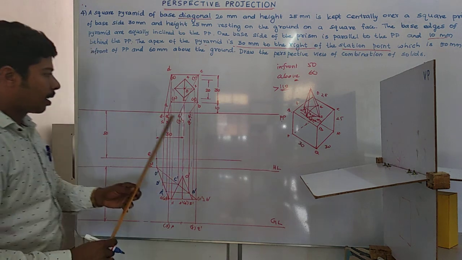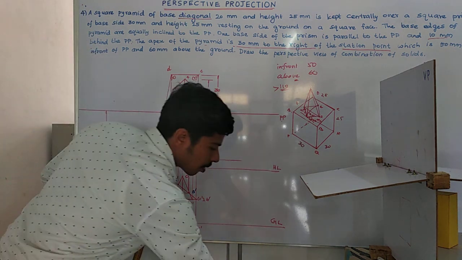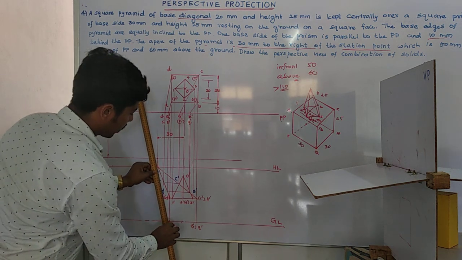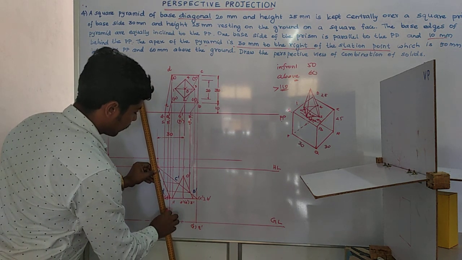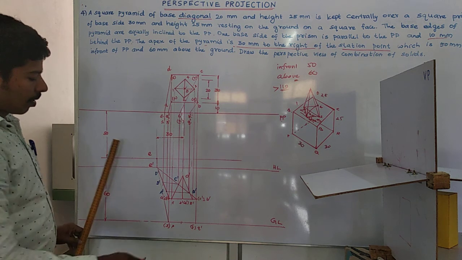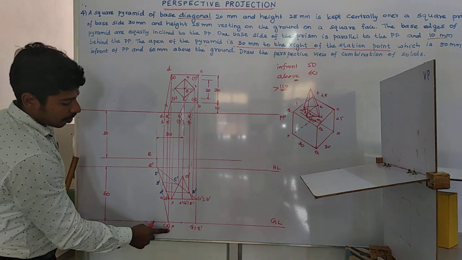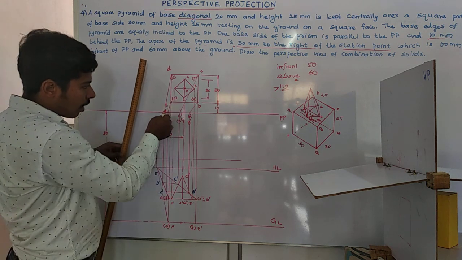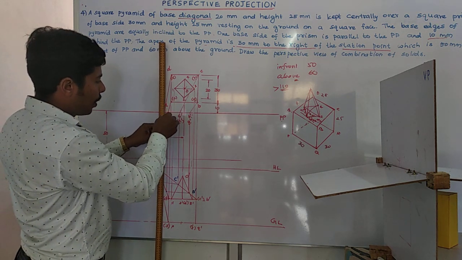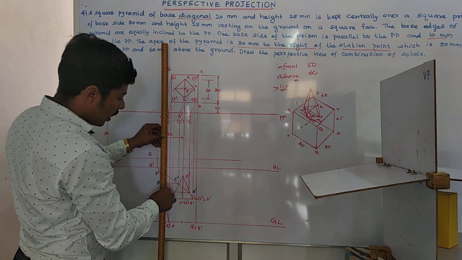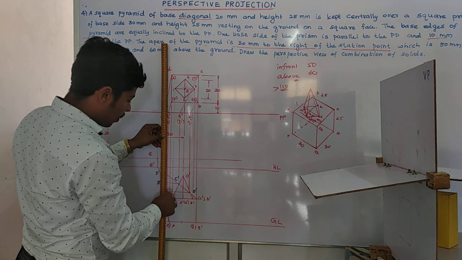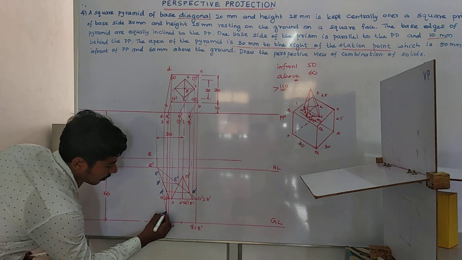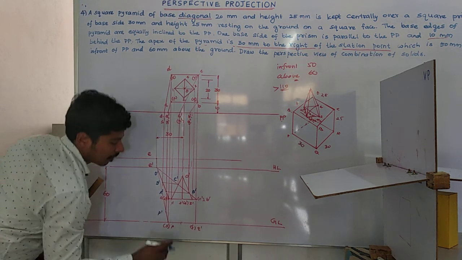For the bottom points, draw the line from here. This is P, from P to E. So here P1, bring the line towards down. This point is our P dash.